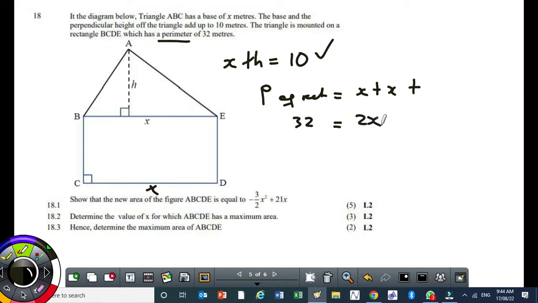So this will be equal to 2x. Let me call that length, maybe 2L, or maybe let me say 2B, because I don't know. So that will be plus 2B.